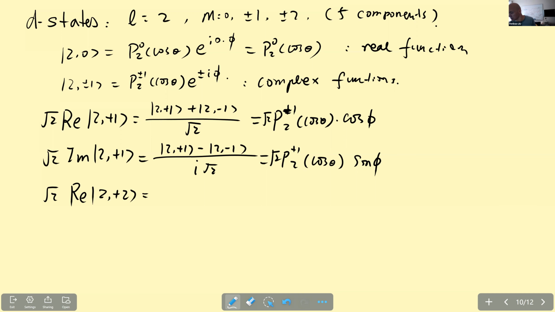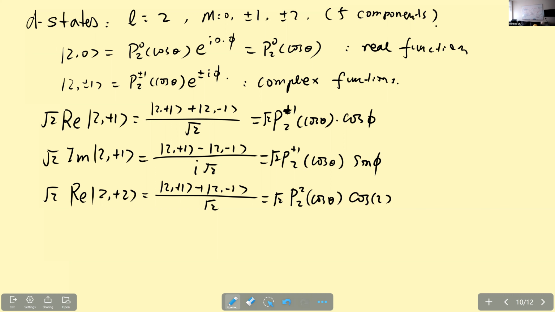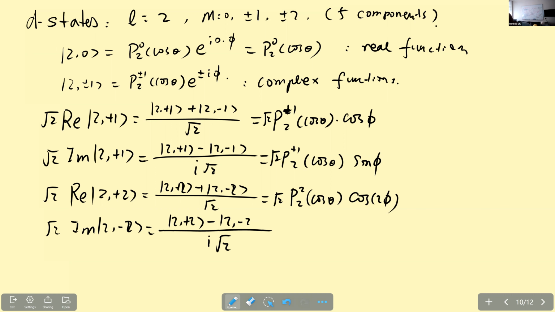If m equals plus 2 and we take the real part, that will be Y_2,2 plus Y_2,minus 2.